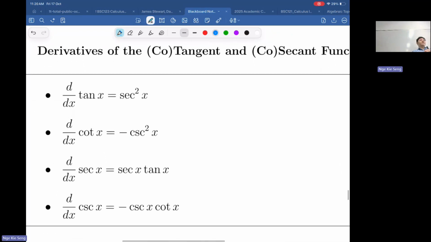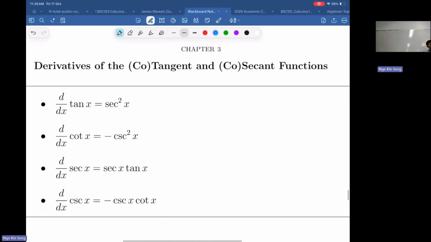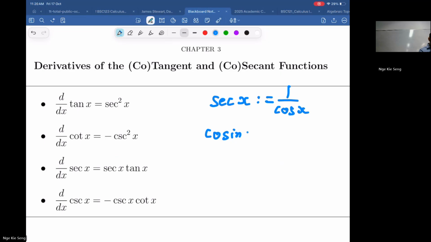Good. So now we discuss the derivative of tangent x. To prove this is actually a bit hard, so you just remember. You know what is secant? The inverse of cos, right? So sec x is 1 over cos x, and cosecant x is 1 over sine x.